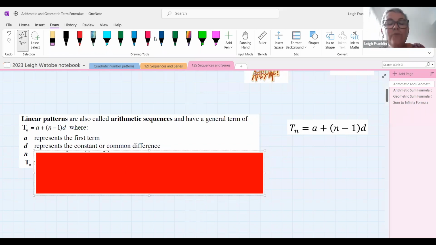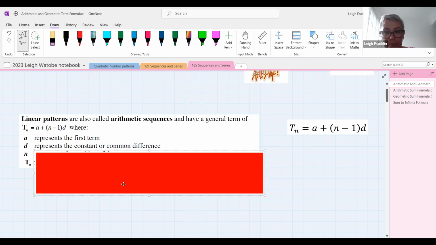What does the letter n represent? Sorry, I'm struggling with my eyes a little bit. That's it, the position of the term. Lovely, guys. Well done. Excellent. So the position of the term, and what does Tn represent?